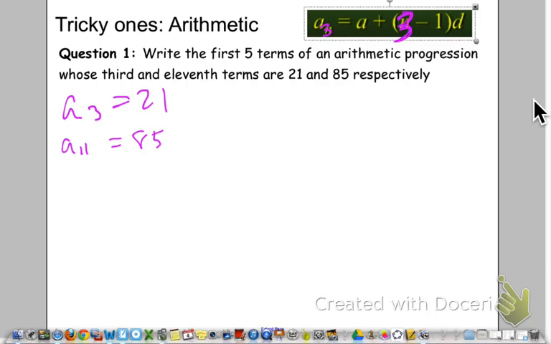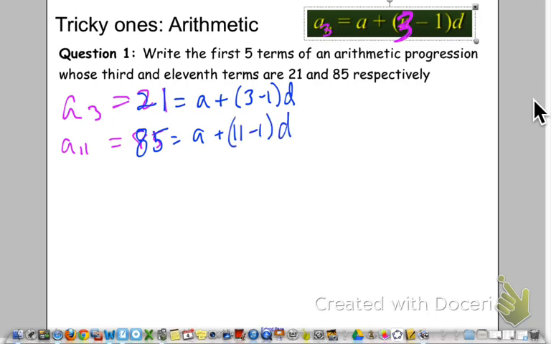So what I've got to do is say that 21 equals the correct a plus 3, because this is the third term, minus 1 times the correct d. And that 85 equals the correct a, which has to be the same, plus 11 minus 1 times the correct d.